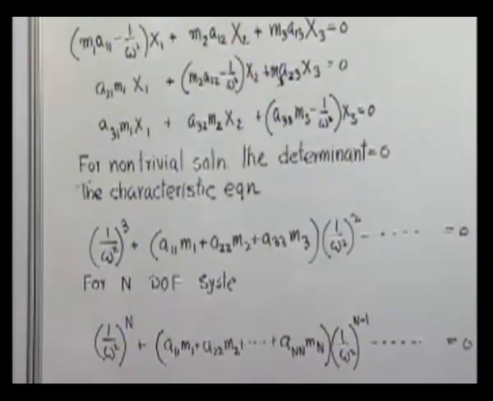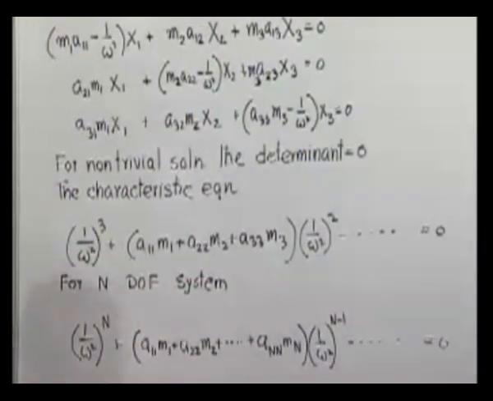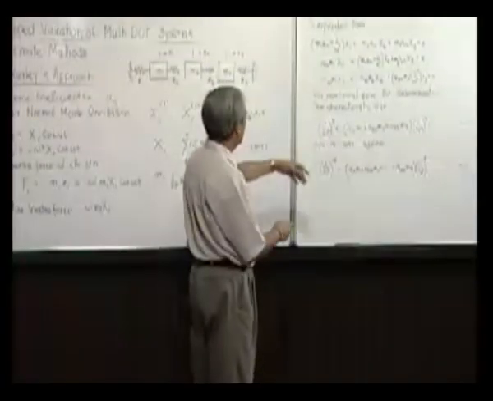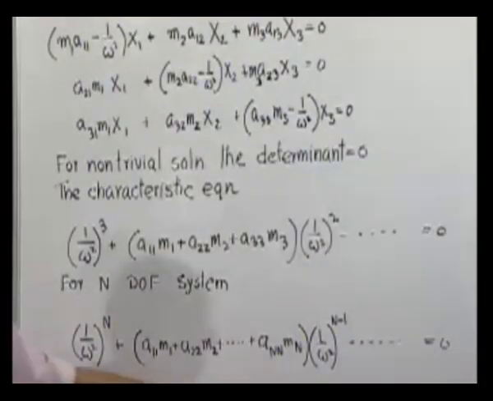So, we have not derived it, we have just tried to extrapolate, but one can easily do the whole calculation even for the n degree of freedom case, and the characteristic equation, the first 2 terms will be like this.